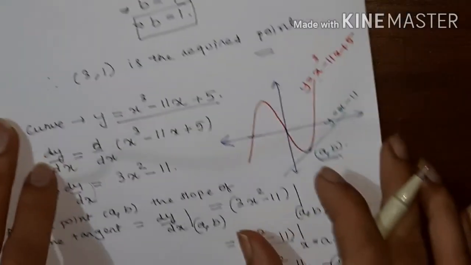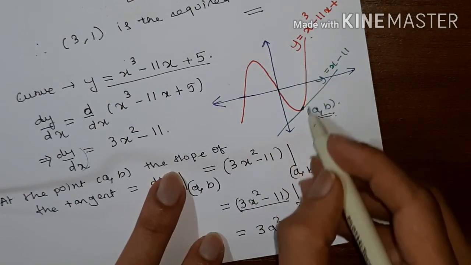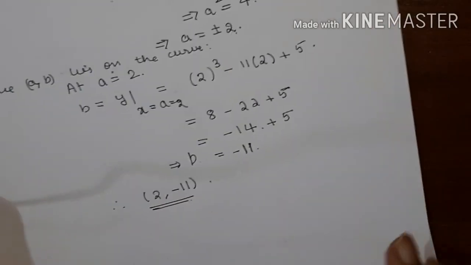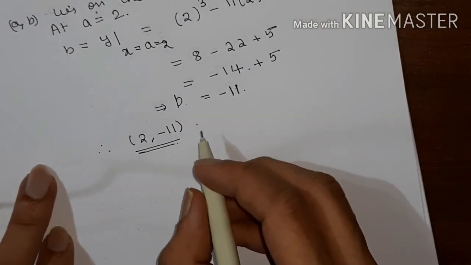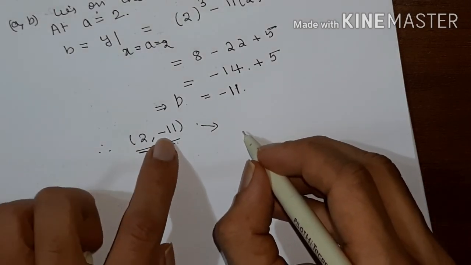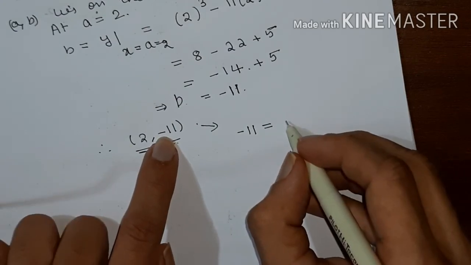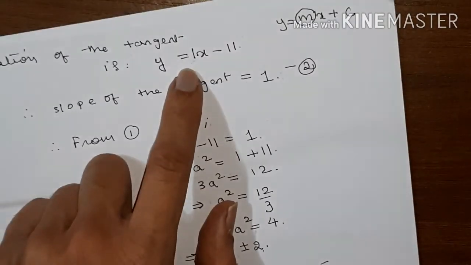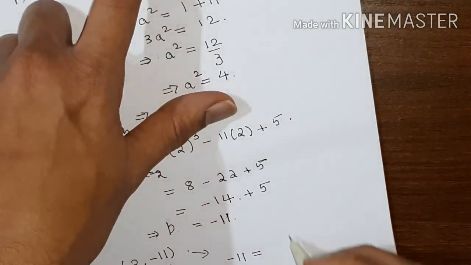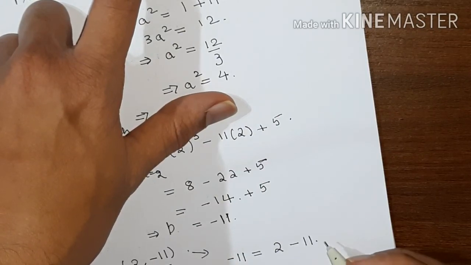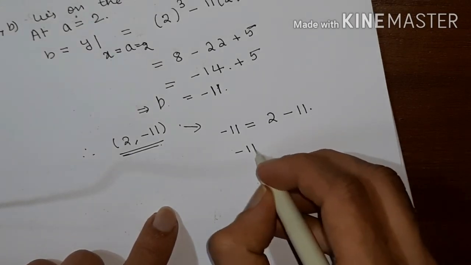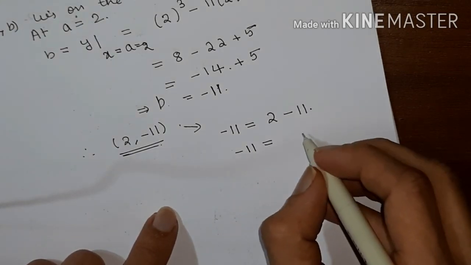So this point is on the curve and also on the tangent, so the point you find should satisfy the equation of the tangent. Let us see if it satisfies it. So y is minus 11, which should equal 2x minus 11.